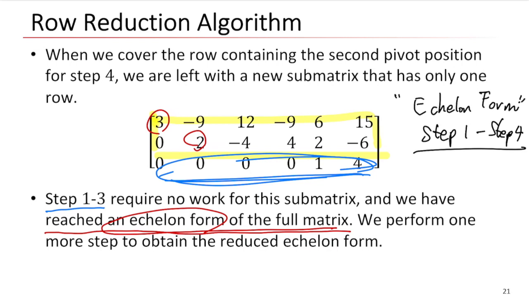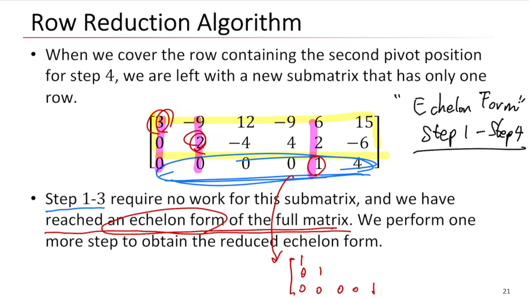Before that, we have the 3 pivot positions here, 3 pivot columns here, right? Then what is the new reduced echelon form? Can you imagine? What was the reduced echelon form? In the reduced echelon form, the pivot position should have value 1, so in this case 1, 1, 1.